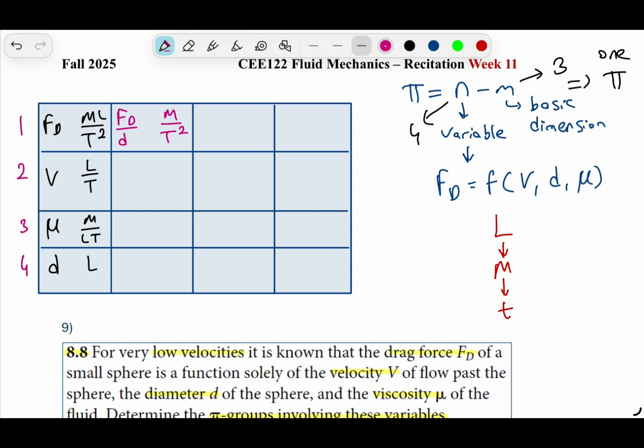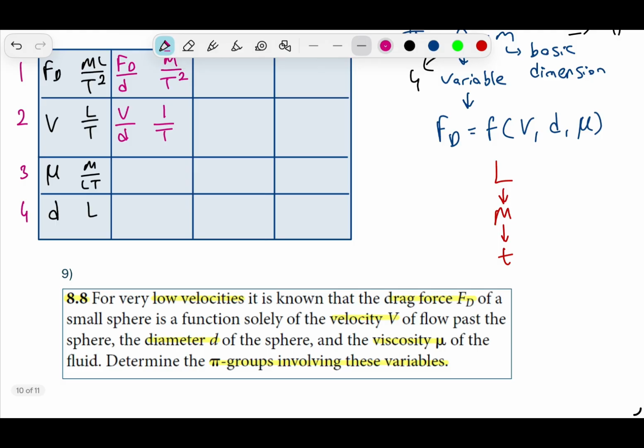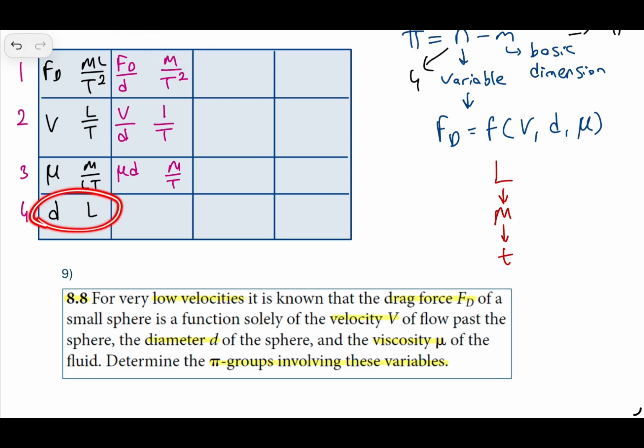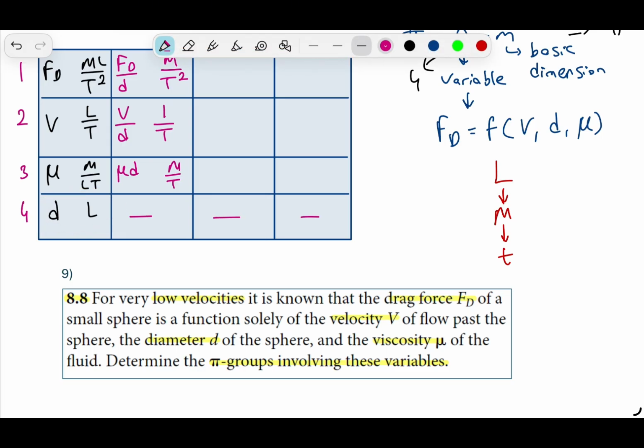For the velocity, we can also do the same. V over D, so we will get 1 over T because we divided it by L. And for the viscosity, this time we need to multiply it by L because we already have L here. So if we multiply it by L, we will get M over T. And lastly, since we use this variable, it already cancelled out so that we will not have anything in the final.